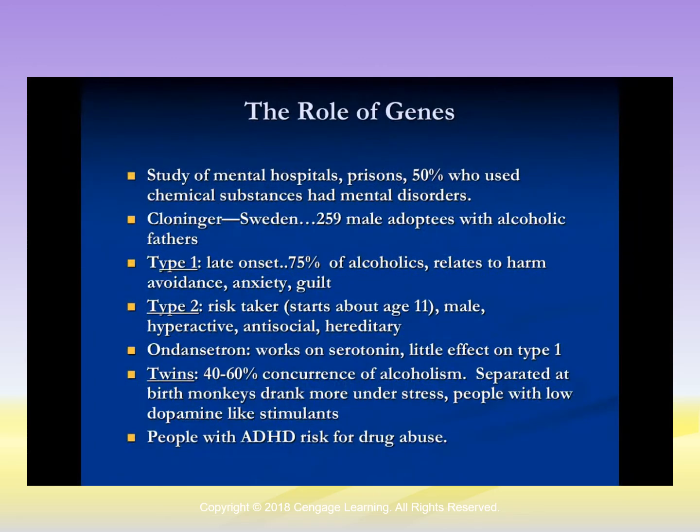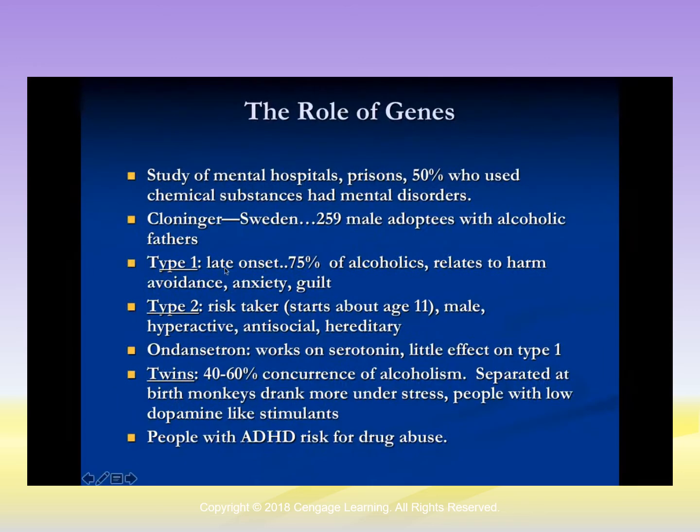Okay. So one of the debates is how genetic is addiction and how hereditary is it? If my dad has blue eyes and I have blue eyes and my dad has an addiction, do I have an addiction? So they looked at this through a couple different ways, through mental health hospitals and prisons. 50% of people who use substances also had mental disorders.